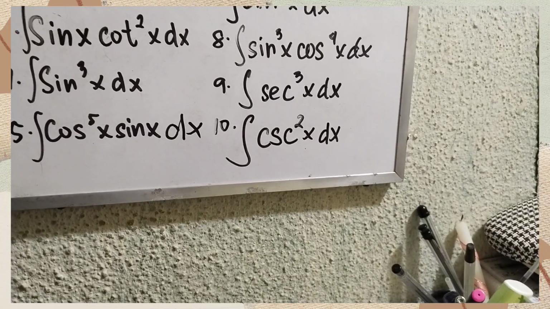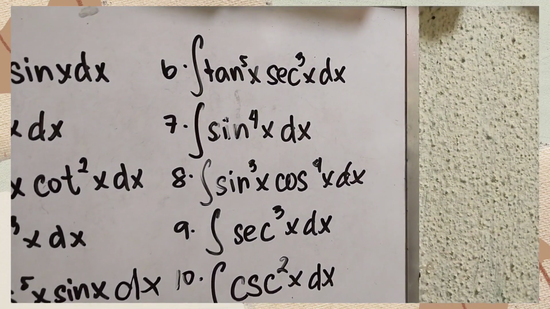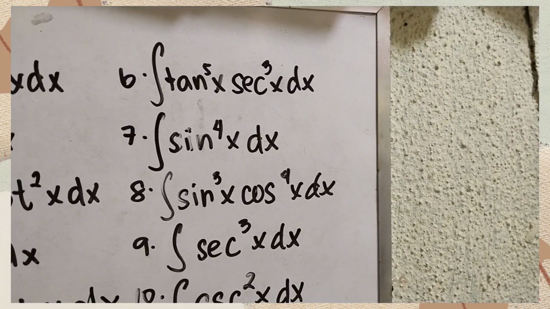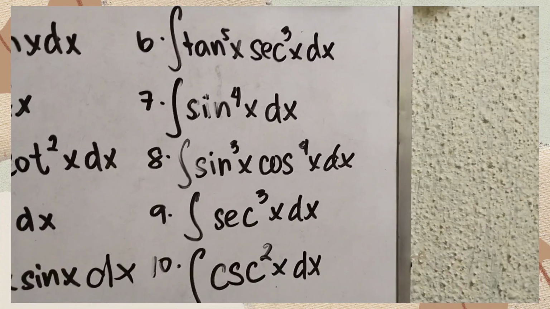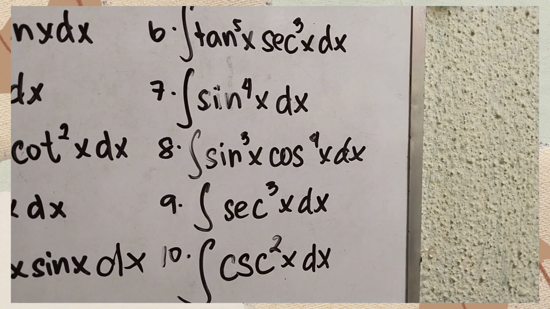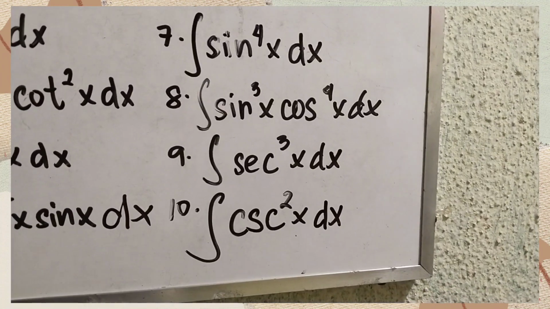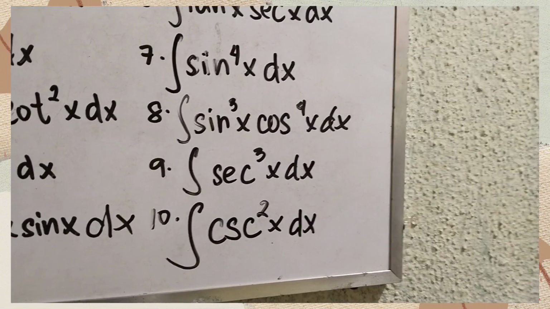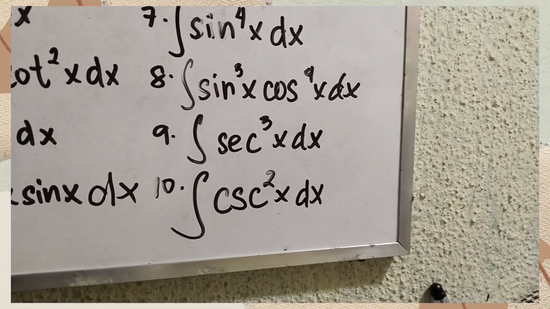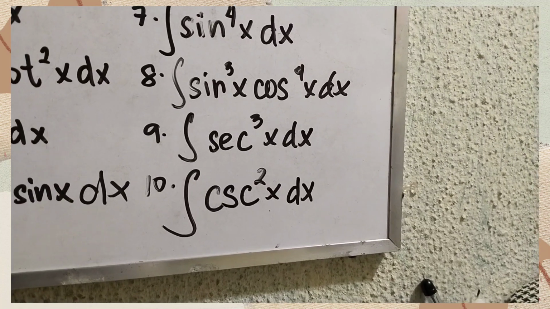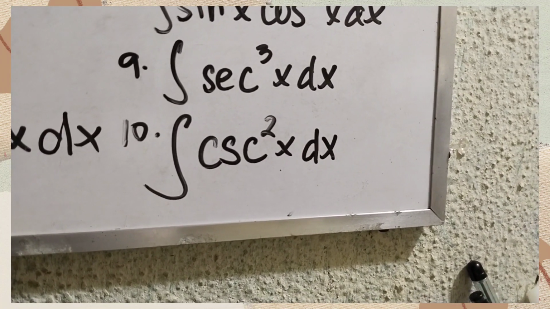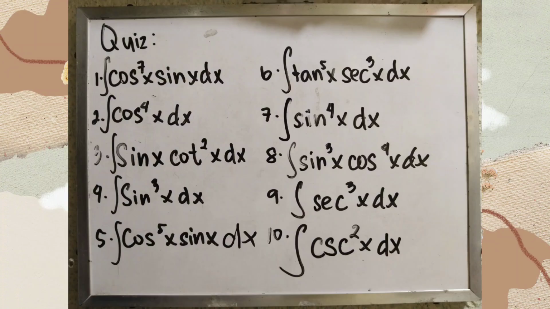Number 6, the integral of tangent to the 5th x secant cubed x dx. Number 7, the integral of sine to the 4th x dx. Number 8, the integral of sine cubed x cosine to the 4th x dx. Number 9, the integral of secant cubed x dx. And last, number 10, the integral of cosecant squared x dx.